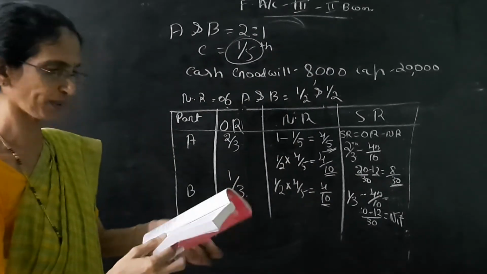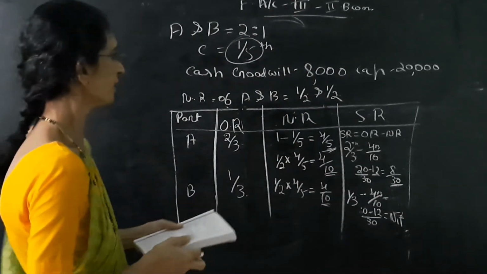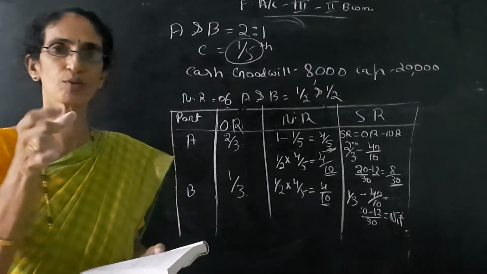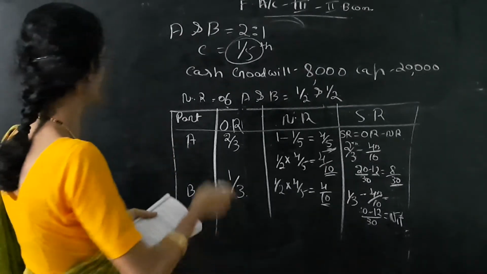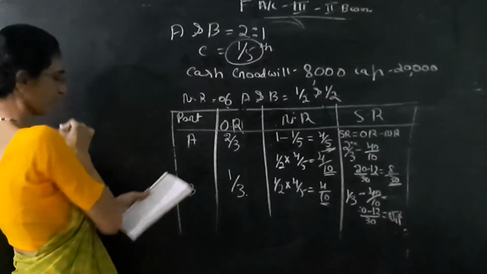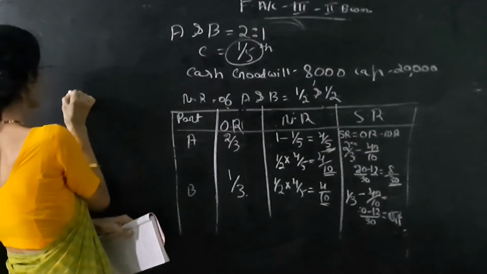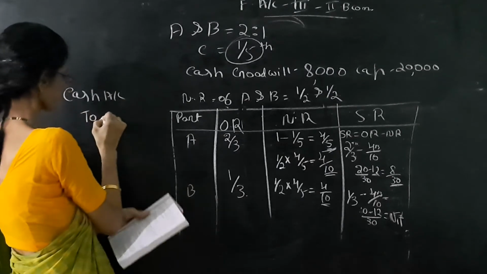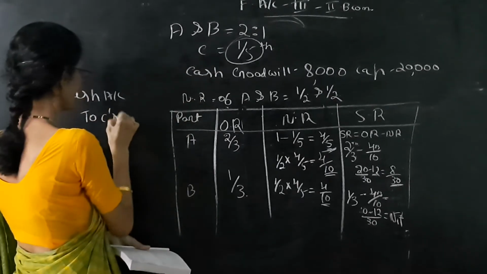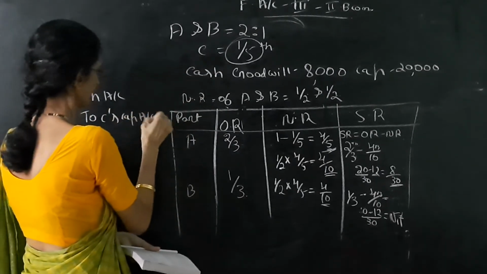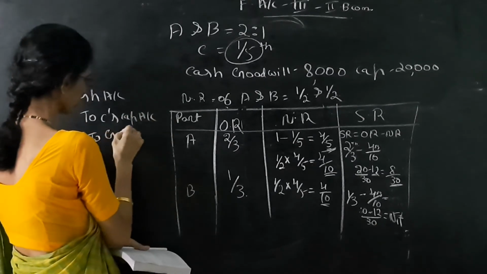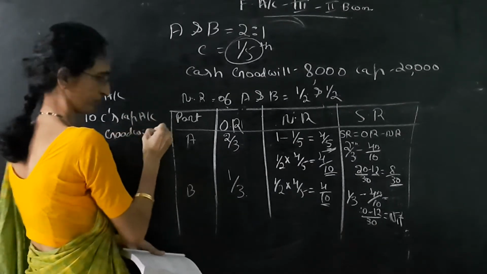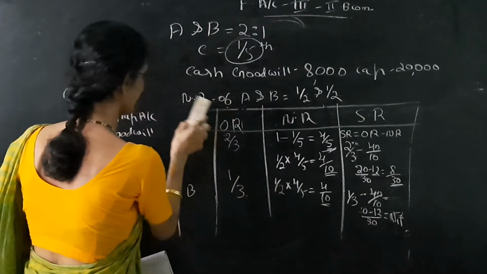So we have to pass the journal entries. It is not given that goodwill is withdrawn. So the entry is: he brings cash towards goodwill. We write cash account debit to new partner C's capital account, and to goodwill account, because goodwill is not withdrawn.